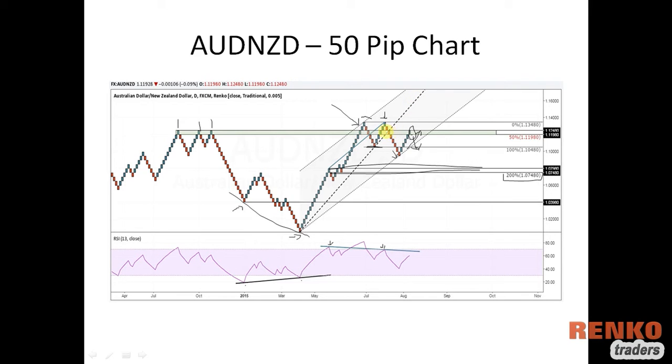It was broken here, and you see the retest right at this level again. So everything put together, I'm convinced that the Aussie will not be able to break the current level of resistance, and that a correction is due, which will see a drop to 1.0748 on the 50 pip chart.